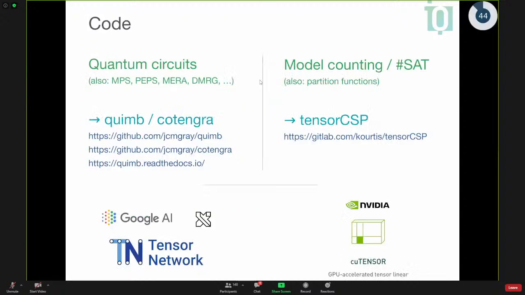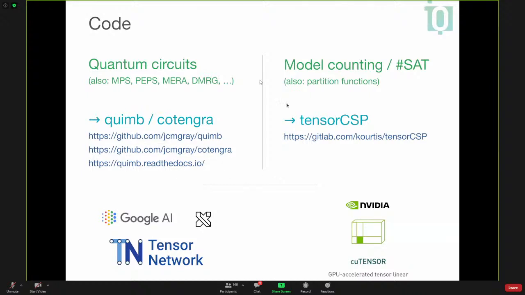And if you're eager to play with this yourself, there's code online. There's two codes that I was involved with. This is for quantum circuits. There's this QUIMP and Cottengra libraries that also do many other things. This is a professionally written code by my collaborator, and you can find it on GitHub.